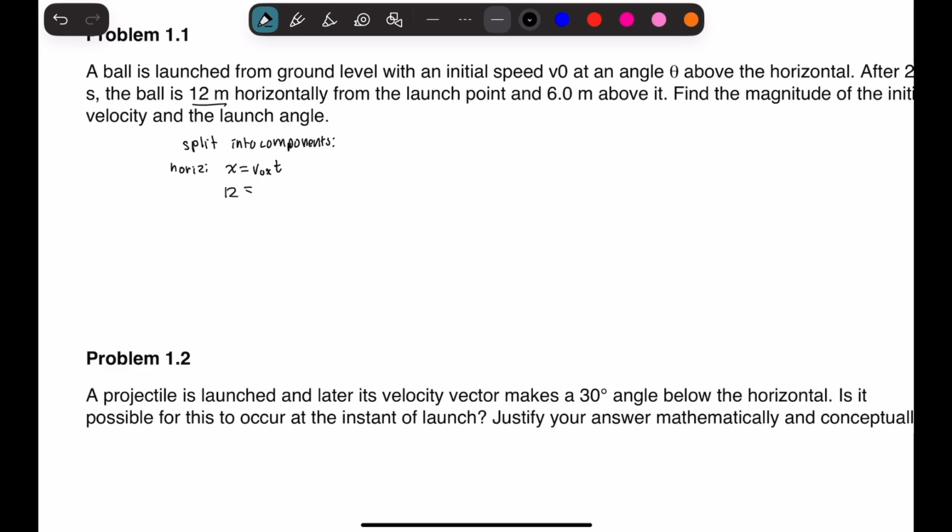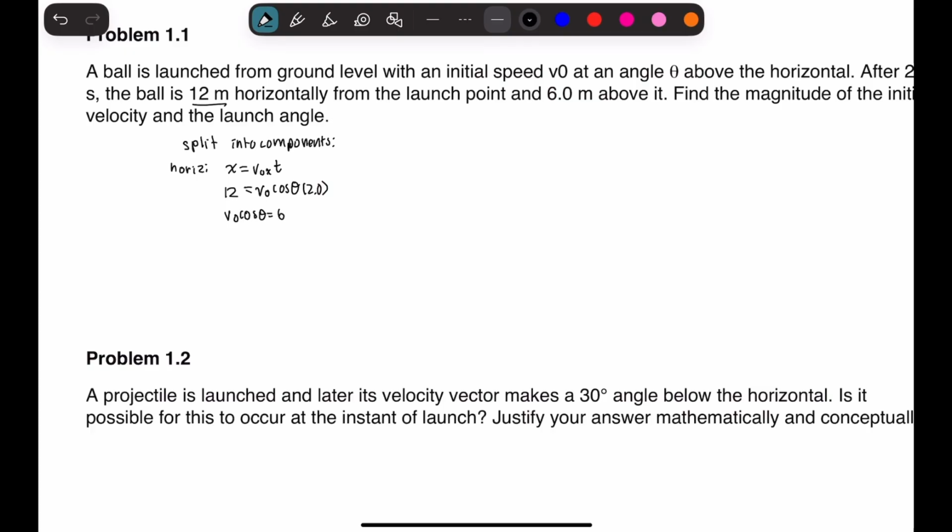And we have our v initial, which is our unknown, and cosine of theta times 2.0. So v initial cosine theta is equal to 6.